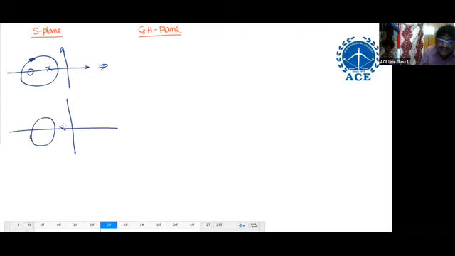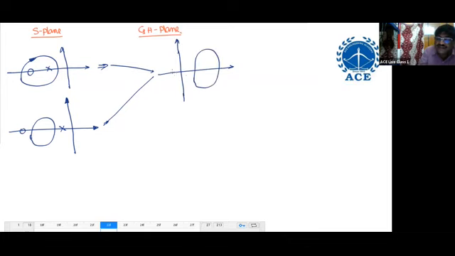Then what is the GH plane? So what happened? There is no encirclement about the origin. So n equal to 0. Here also n equal to 1 minus 1, which is 0.